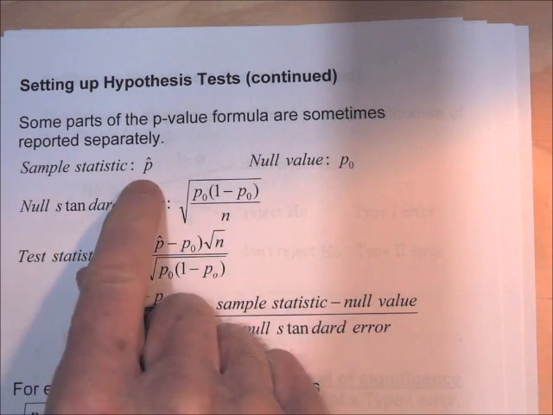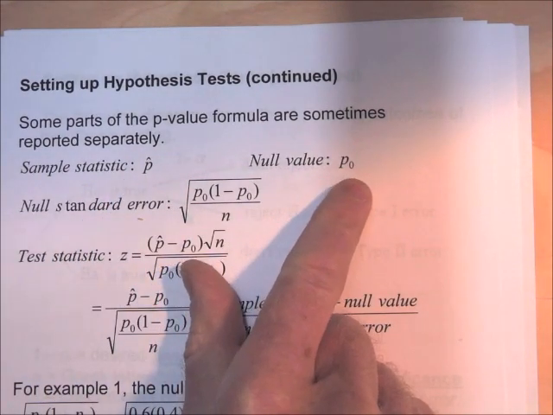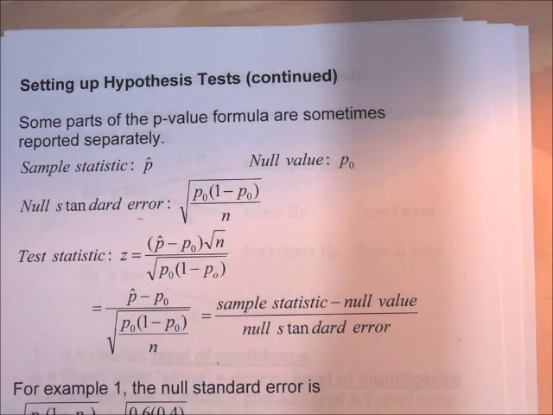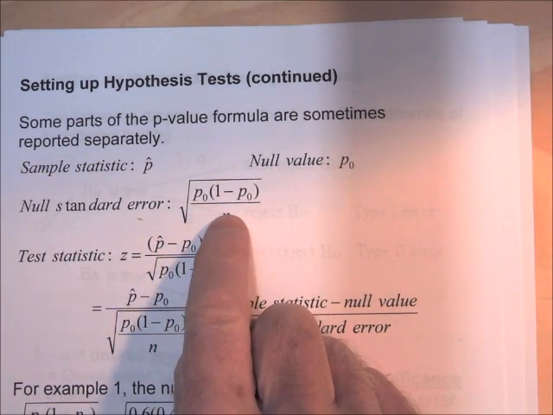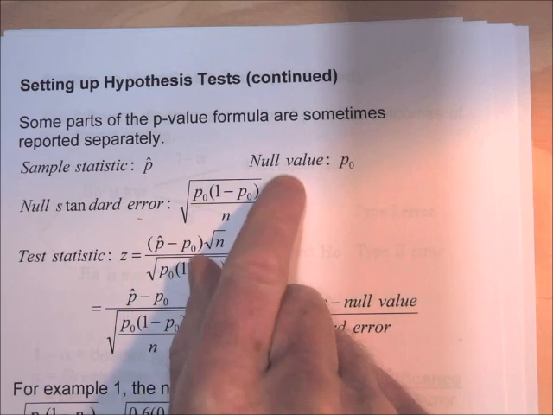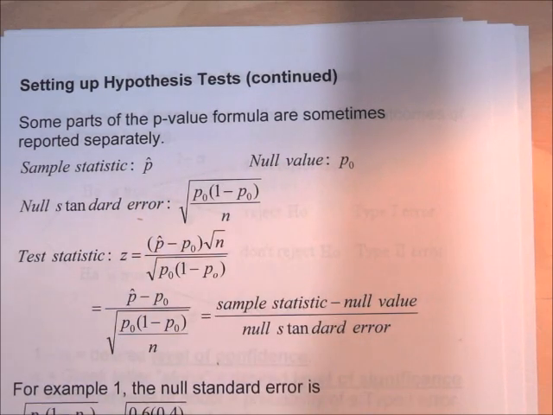Okay, so some parts of the p-value formulas are sometimes reported separately. The sample statistic is p hat, the null value is p0, and the null standard error is the square root of p0 times 1 minus p0 over n. These were all included in the formula for the p-value, but sometimes they're reported separately.